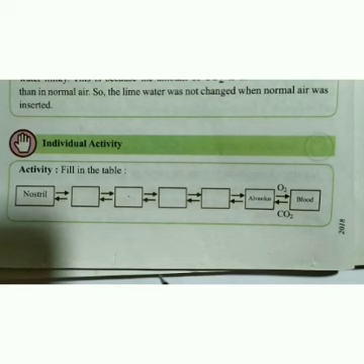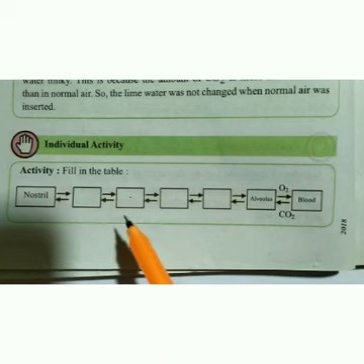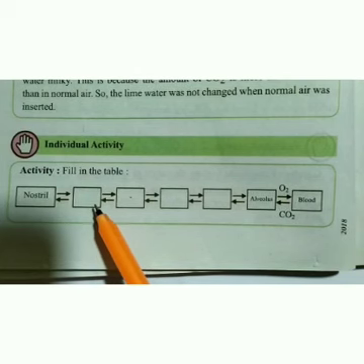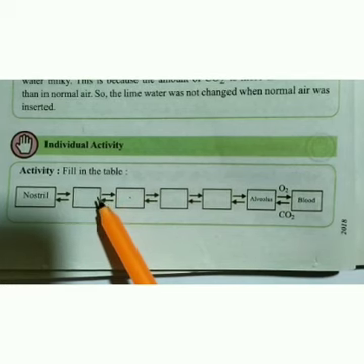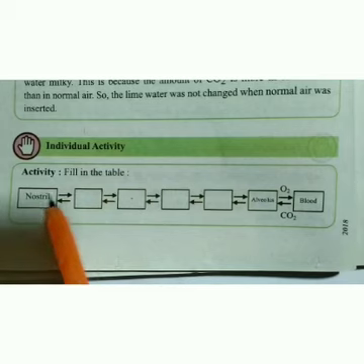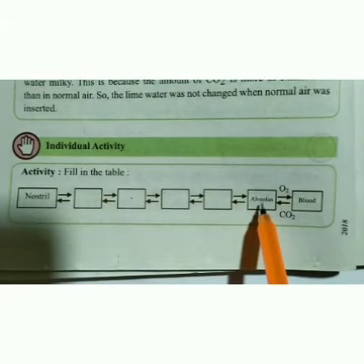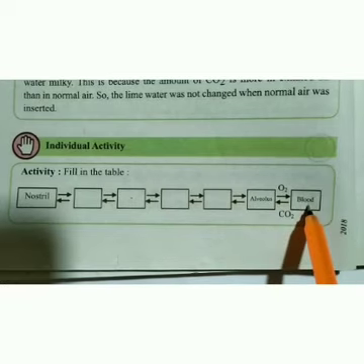You can fill up the blanks. The respiratory system or respiratory organs pass or exchange the gas. First nostril, then the next organs in order, then alveoli, from blood to alveoli.